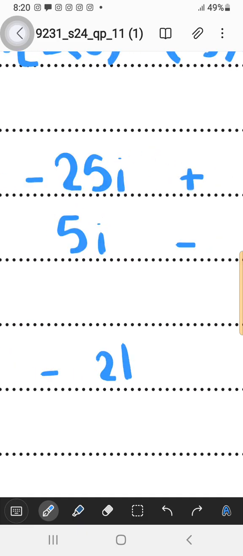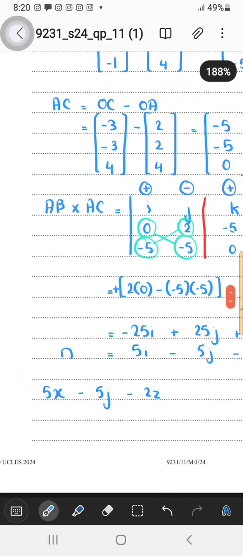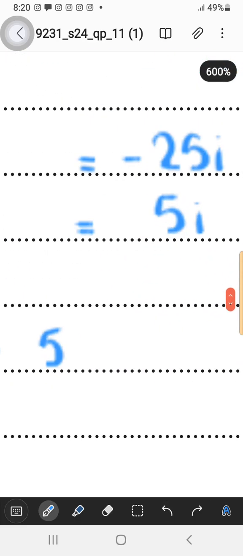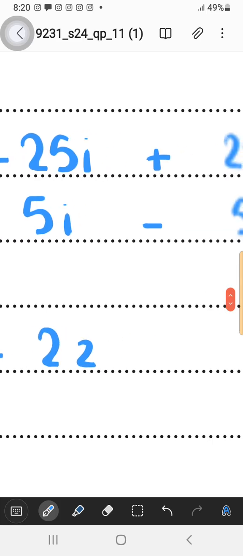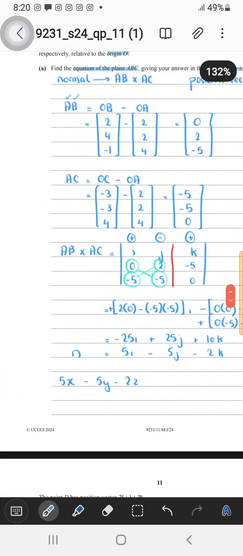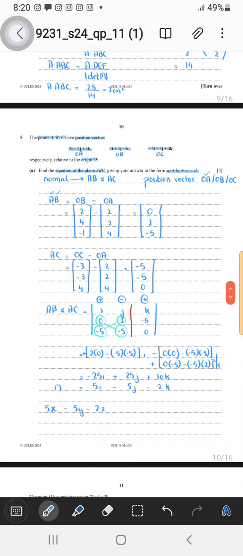Not 2k, this is 2z. Yeah, wait. 5x minus 5y minus 2z. We got in the position of ax plus by plus cz.